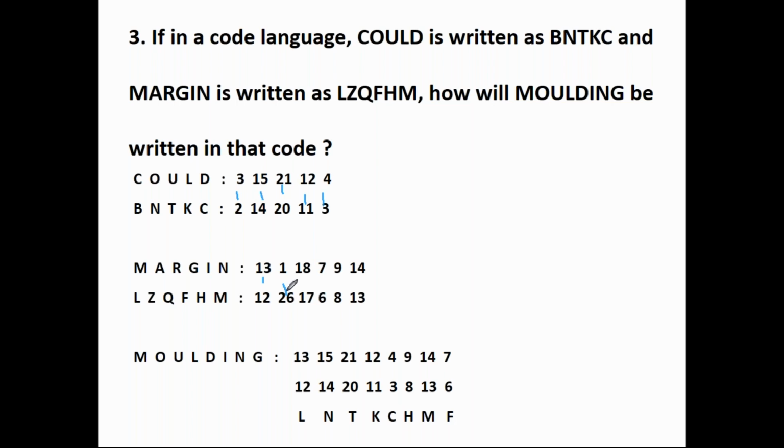Again start with A27. Here A is treated as 27. So that is the reason 27 -1, 26. 18 -1, 17. 7 -1, 6. 9 -1, 8. 14 -1, 13. So apply the same logic for each letter. -1 is the logic. LNTK CHMF.